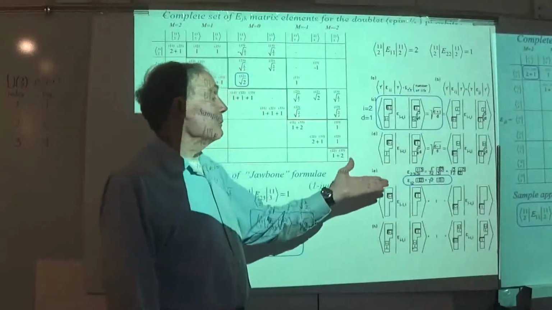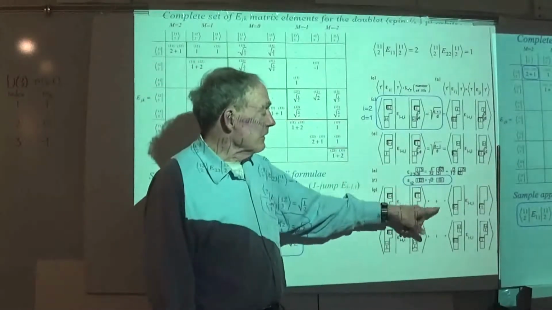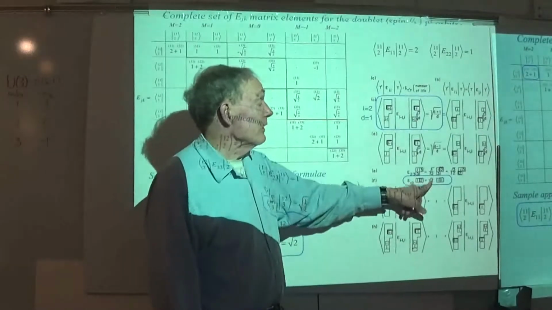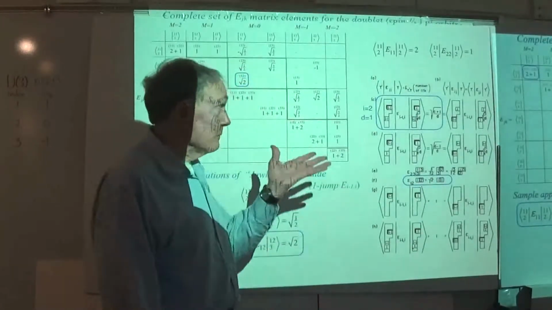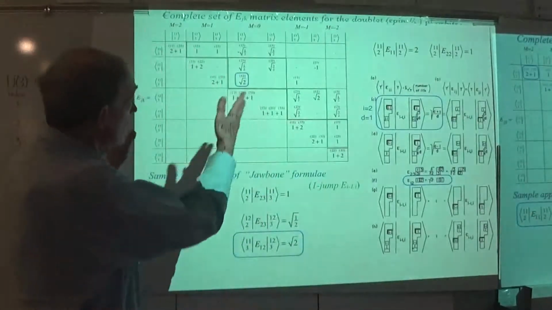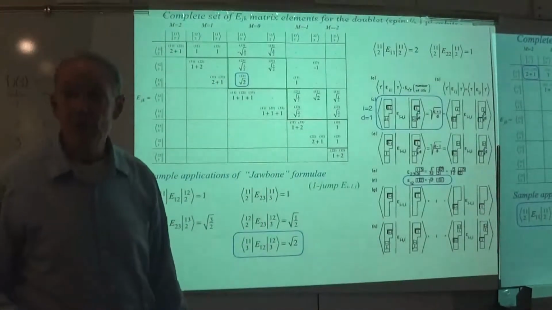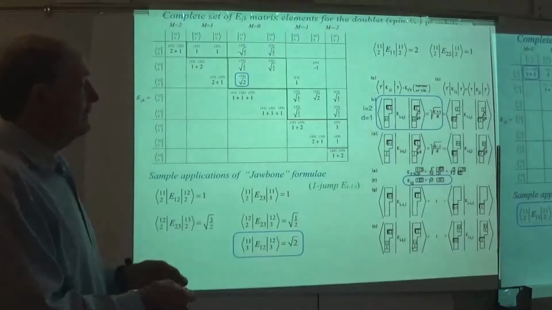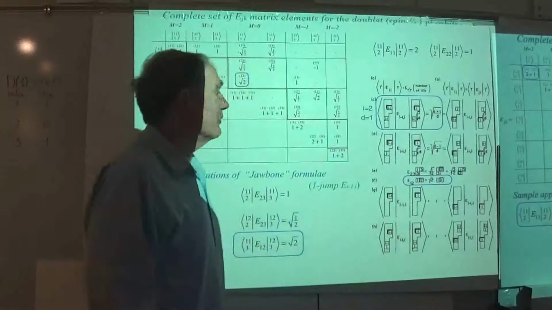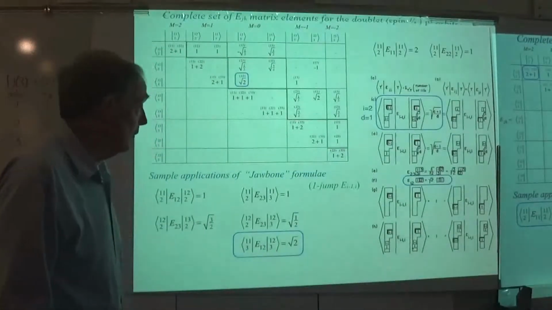This is the largest matrix element besides having a 1. Actually, this is larger than 1. This is the largest that this formula ever gives. Okay, and for this particular tableau we have here, you're really close, and you get the square root of 2.